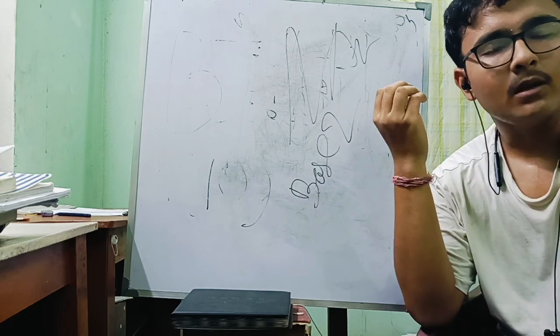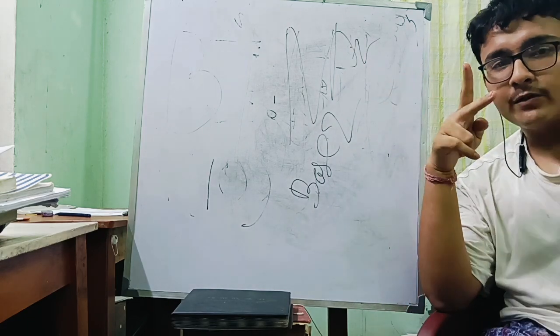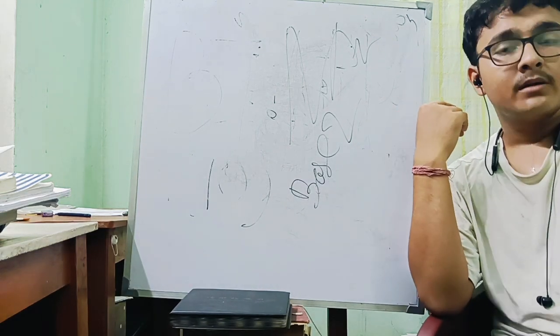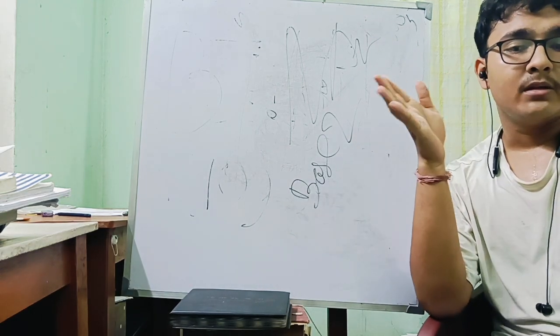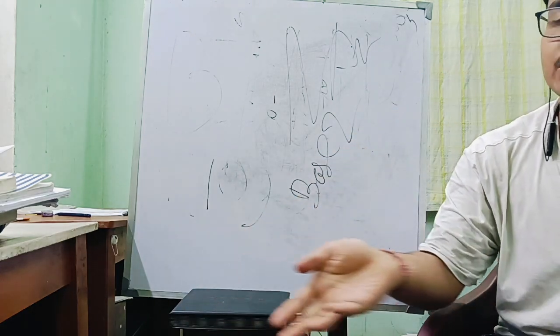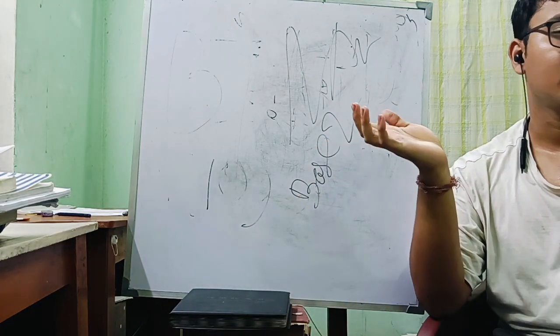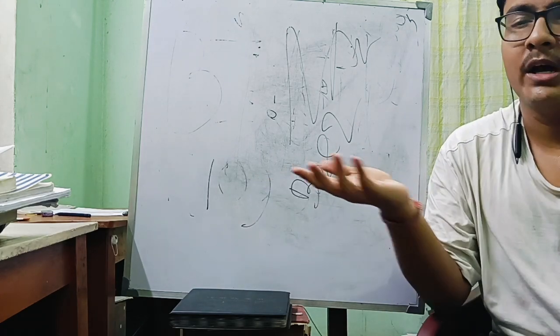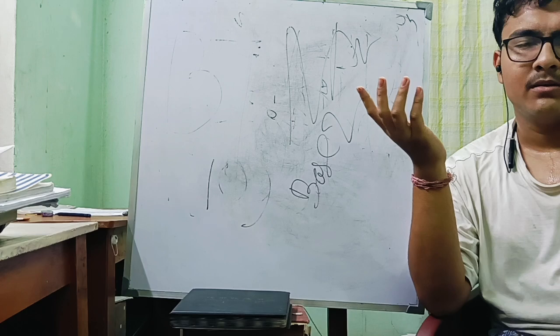Binary contains 2 different kinds of numbers, 0 and 1. Decimal contains 0 to 9, in total 10 different kinds of numbers. It's basically the numbers we use every day, 0 to 9. It can make infinitely many numbers.